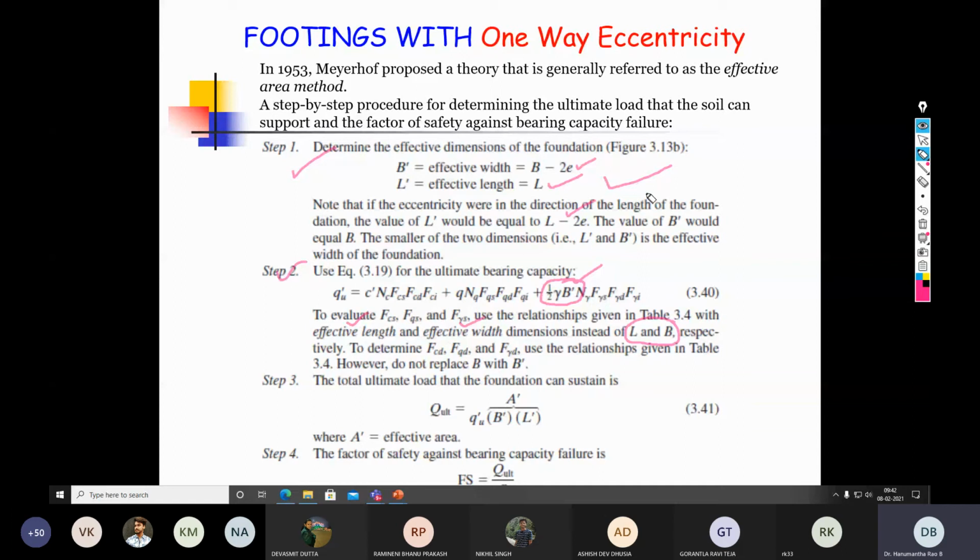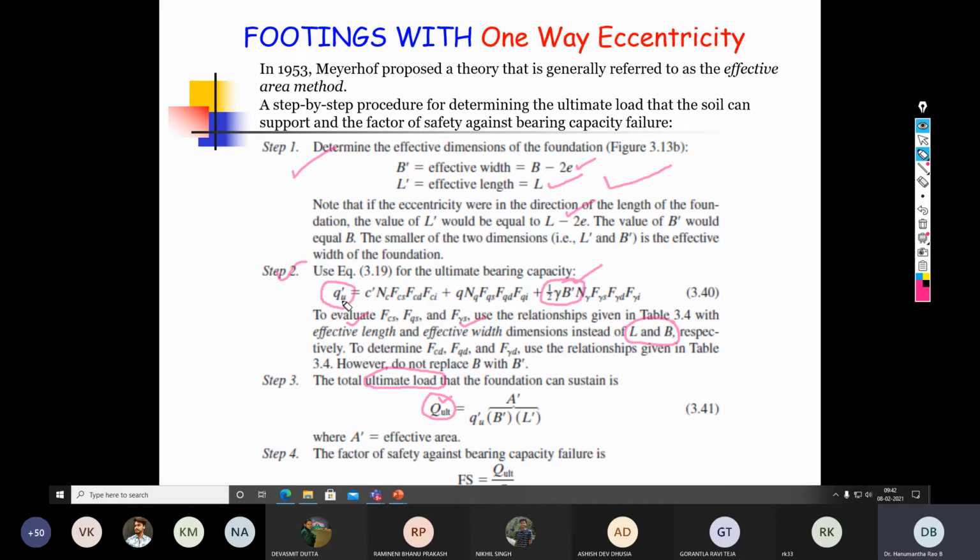So when you are dealing with a footing with one-way eccentricity, there are two parameters that have been given. One is small qu and the other is capital Qu. Small qu is the ultimate bearing capacity, while capital Qu is the ultimate bearing load. If it is a load, you must represent it with a capital.